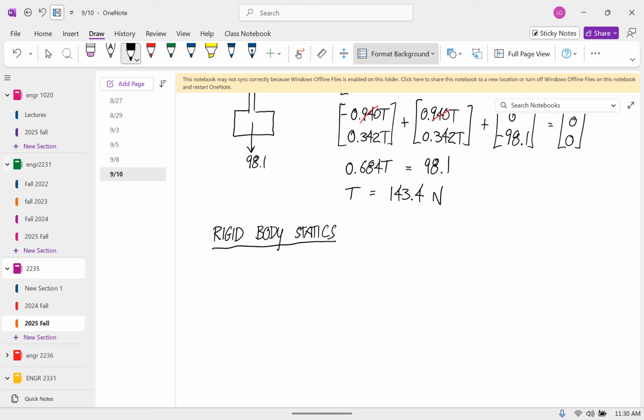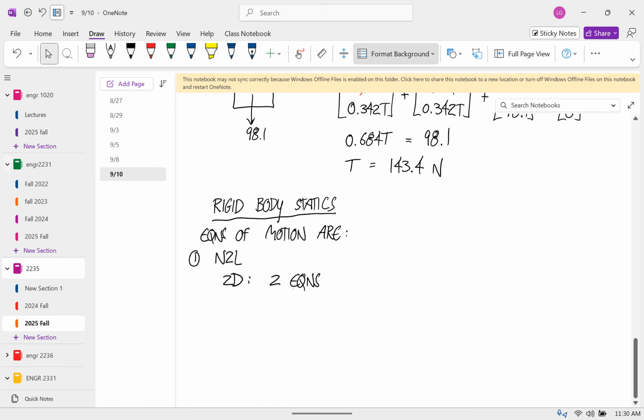In rigid body statics, the equations of motion are going to be, first, Newton's second law, the one that we had in particle statics. If you're doing 2D problems, Newton's second law gives you 2 equations, and if you're doing 3D problems, it gives you 3 equations.